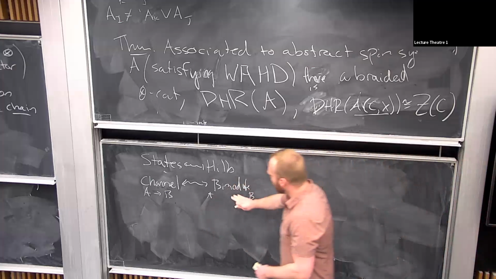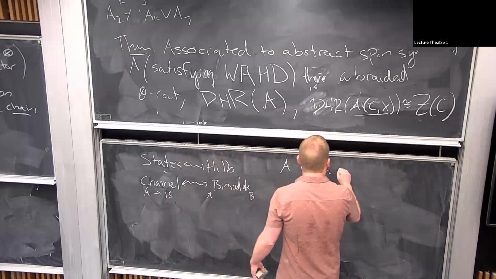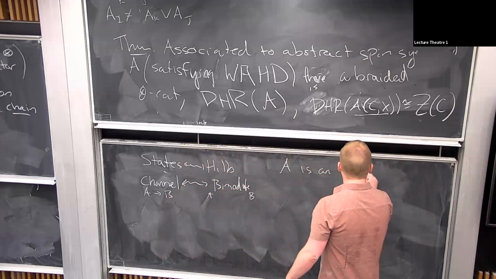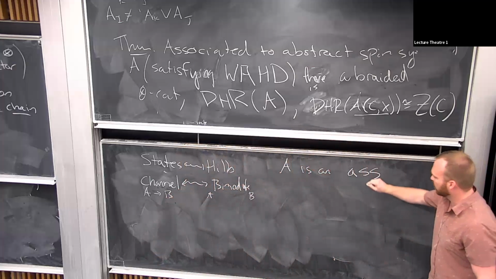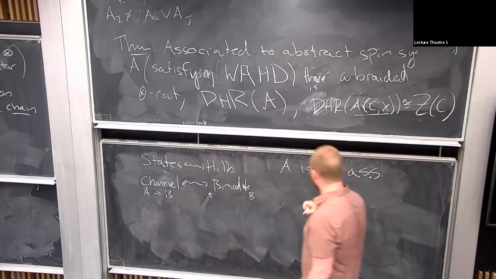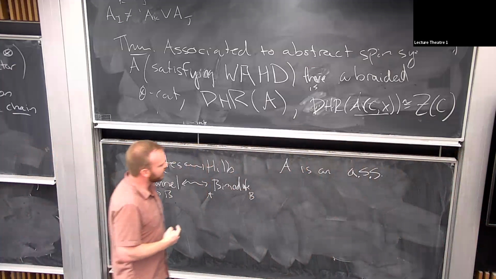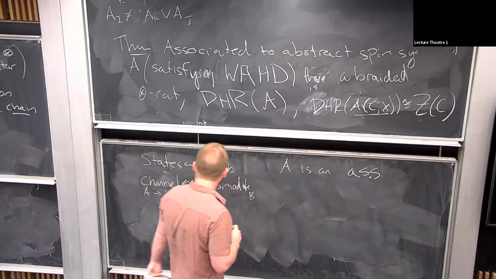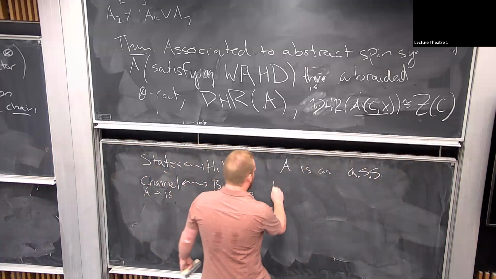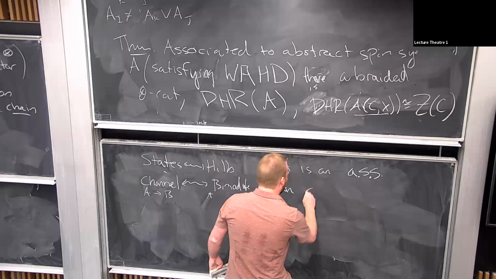Okay, so what do I mean by a bimodule? If A is an abstract spin system, I'll just call it abstract, with these dots so I don't get in trouble. A is an abstract spin system, then a DHR bimodule.